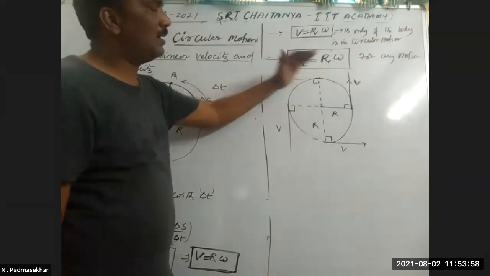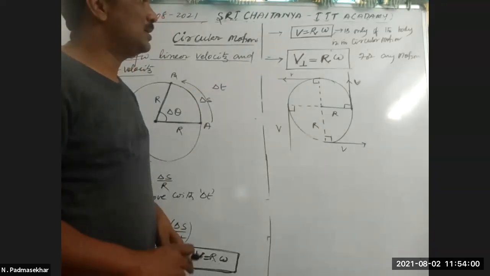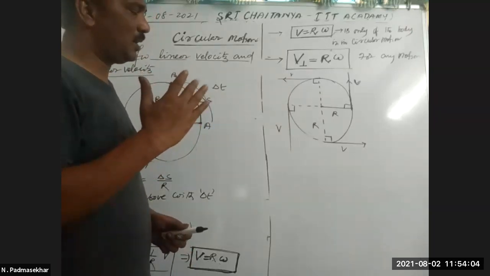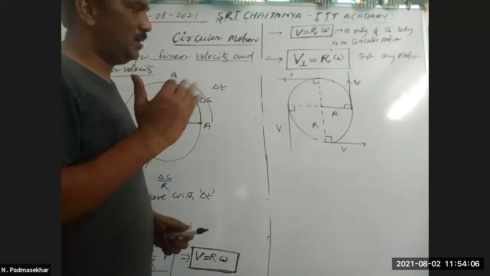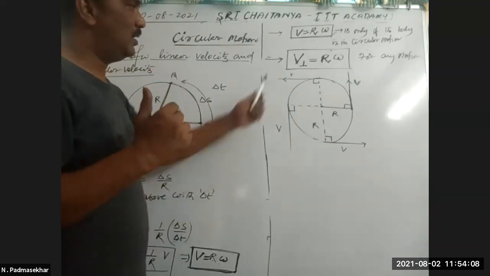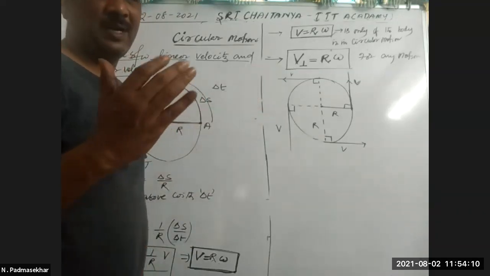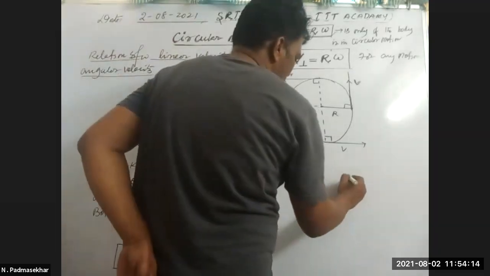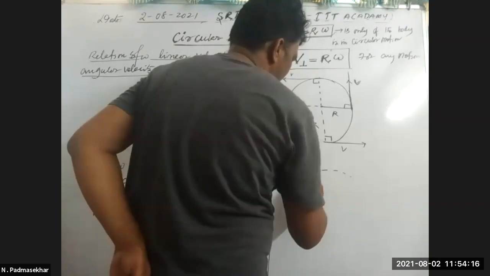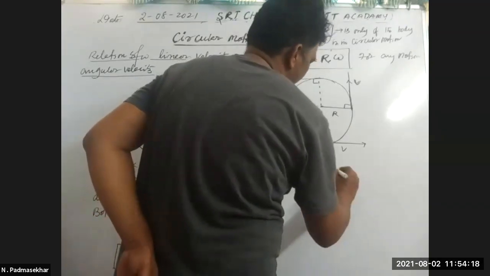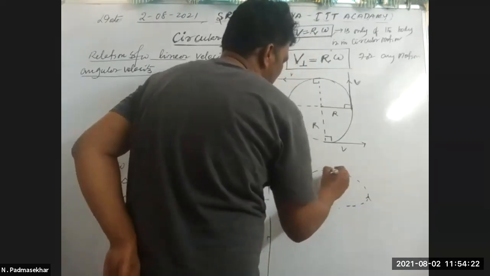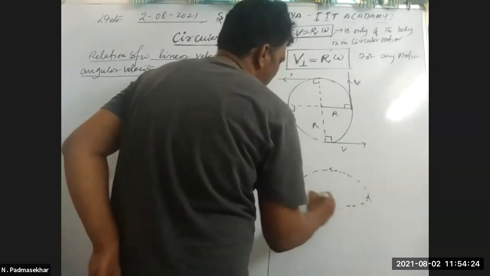And what is omega? In which direction is omega, and how do we write the vector form of V? So this is the circle, and this is the direction of the rotation.